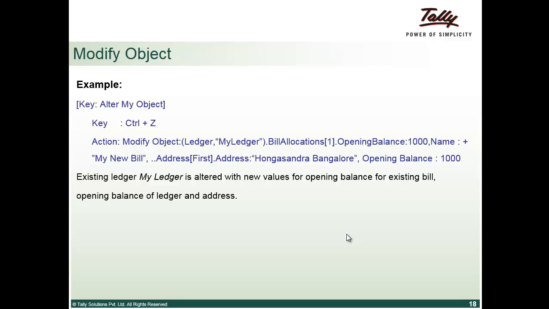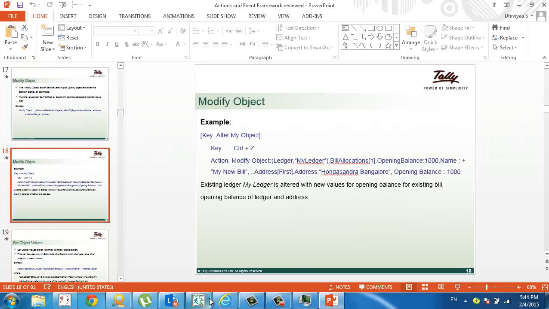So we are in the ledger context, so the opening balance of the ledger is changed to 1000. So existing ledger, my ledger, is altered with new values for opening balance for existing bill and opening balance of ledger and address. So let us see an example.